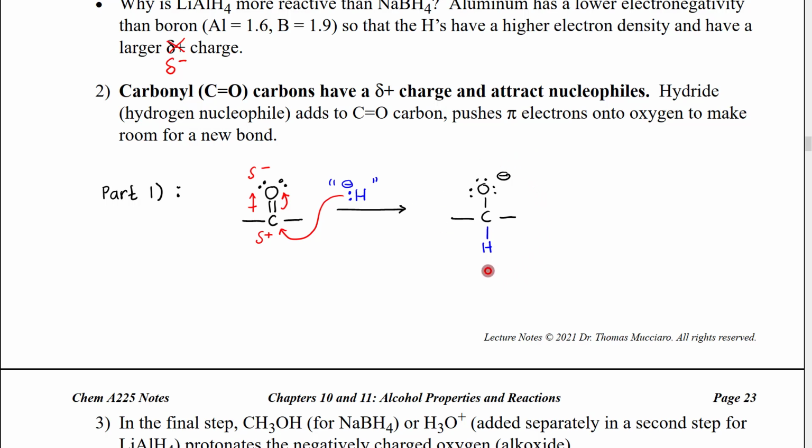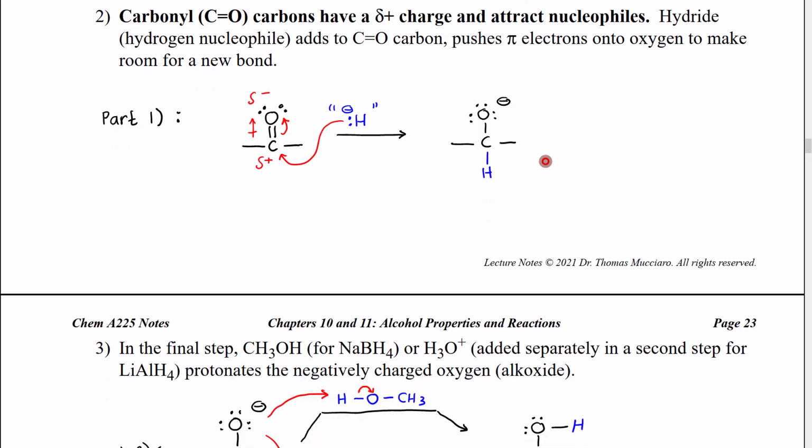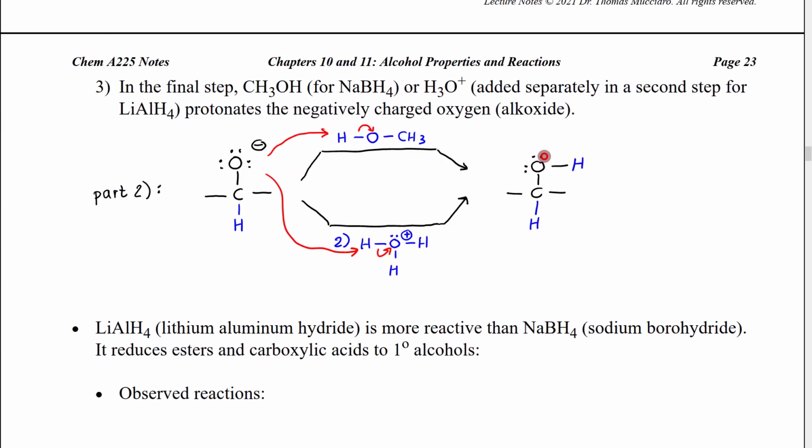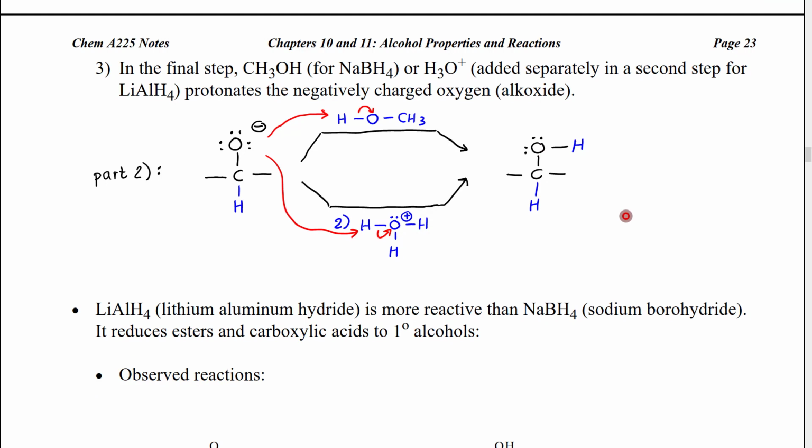This is an alkoxide. It has a negatively charged oxygen. We would expect that the counter ion or even the boron or aluminum itself might become attached there. After that occurs, we need to put a hydrogen onto that negative oxygen to make an alcohol.